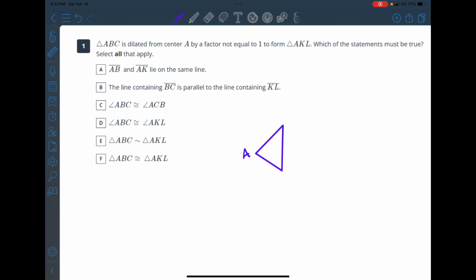So we have A, B, C, and it says that it has a scale factor not equal to 1, which can mean that the next one will be bigger, or it could be less than 1, which means it could be smaller. So let's draw both instances.